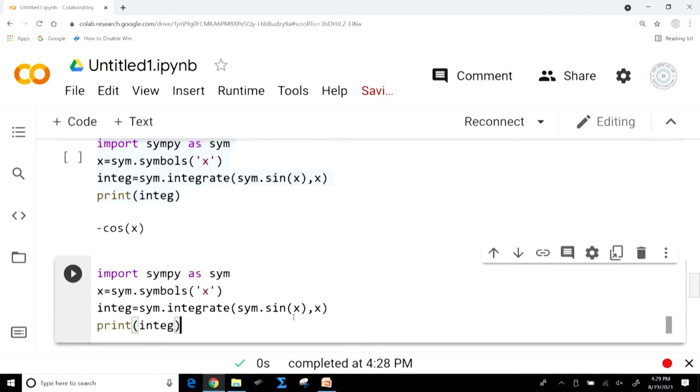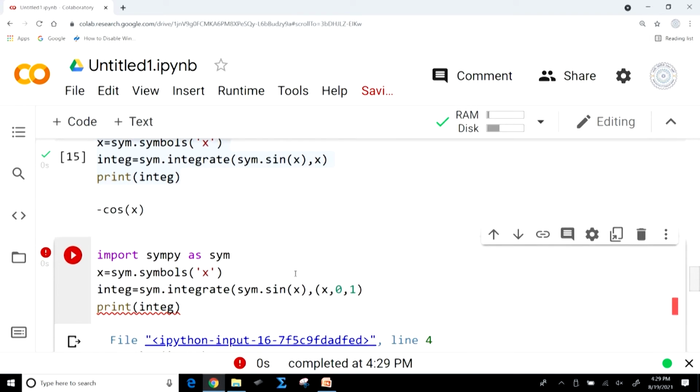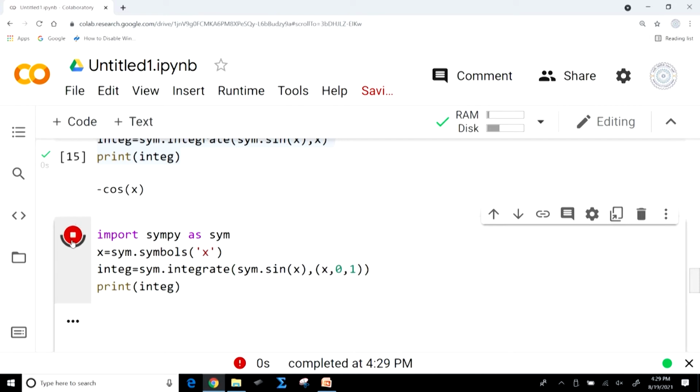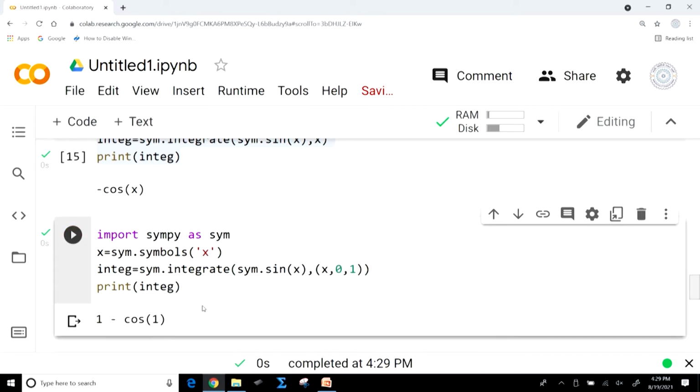Suppose you are integrating sin x, and the limits are from 0 to 1, so lower limit is 0, upper limit is 1. Let us see what the answer is. You need one more bracket here to close it. So, it is 1 minus cos 1.